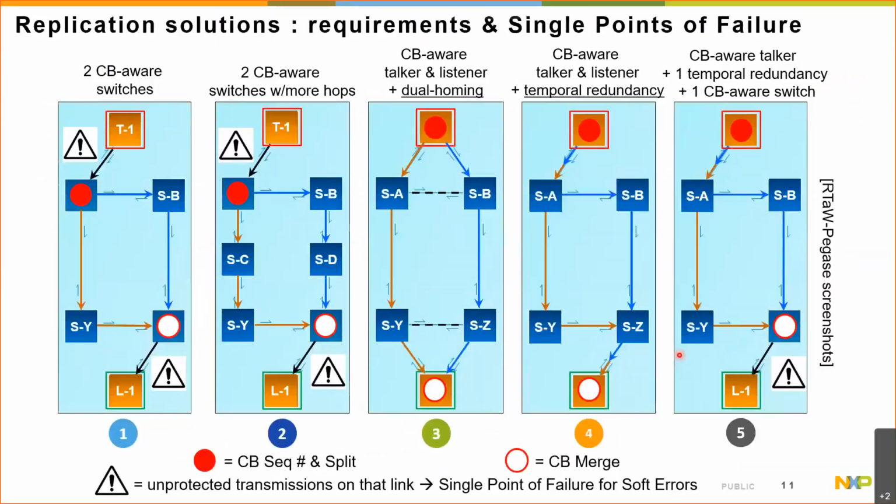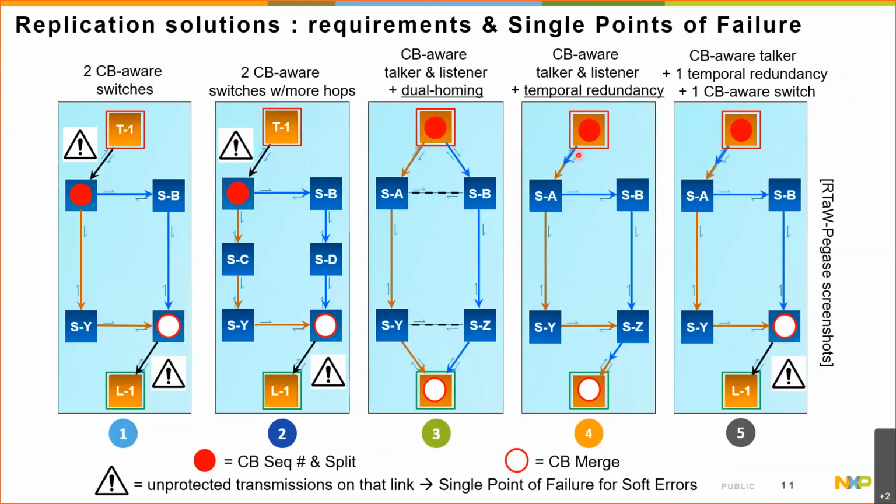Now, before quantifying their reliability, let's get an overview of the 5 replication solutions. What we see is that they rely on different mechanisms: CB-aware switches for 1, 2, and 5, CB-aware talkers and listeners for 3, 4, and 5, dual homing for 3, temporal redundancy for the 4th solution.